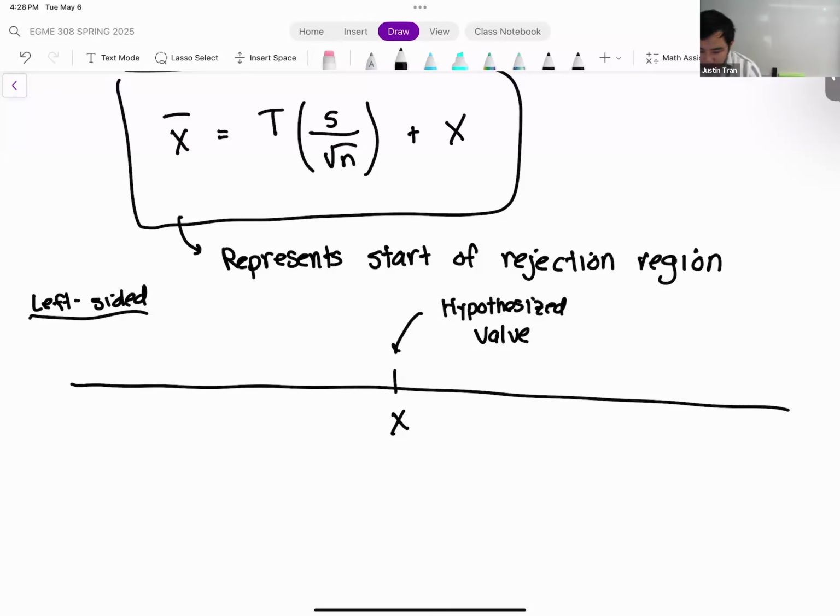For a left-sided alternative, x bar is always going to be less than the hypothesized value, because our t value is always going to be negative. So we're going to reject everything to the left of this threshold.